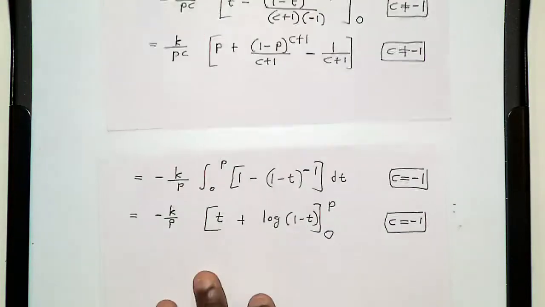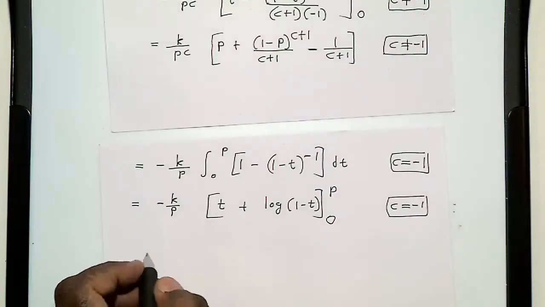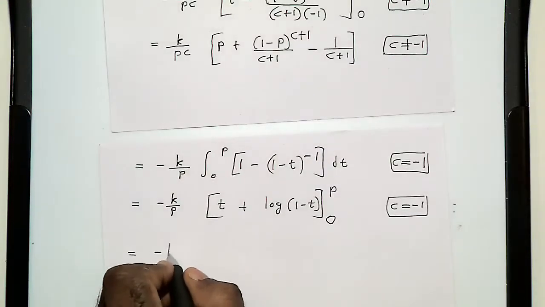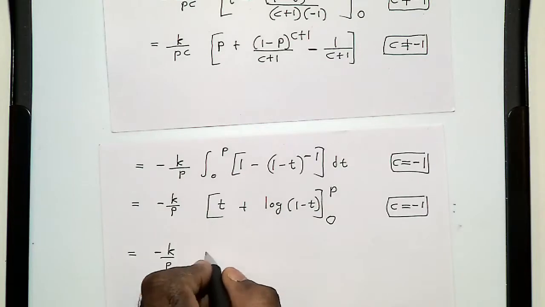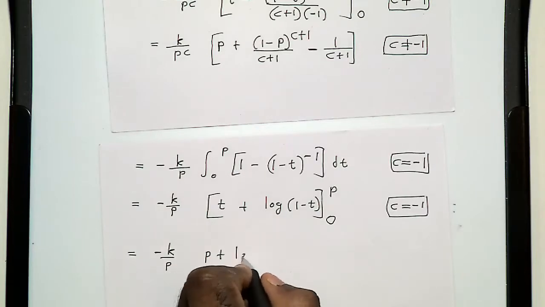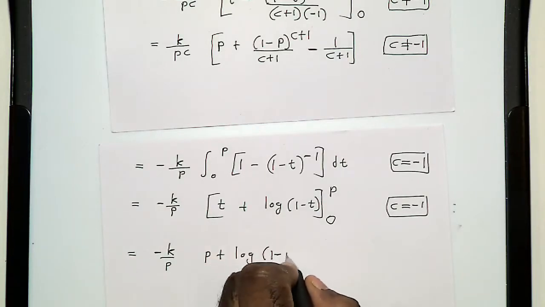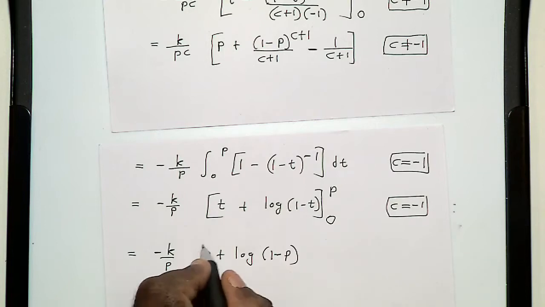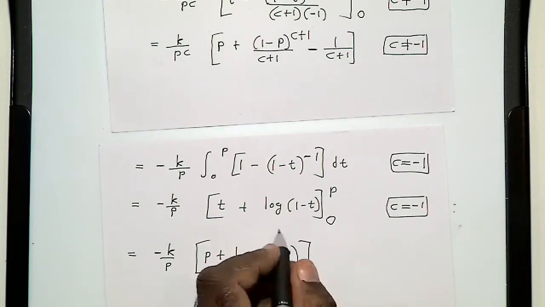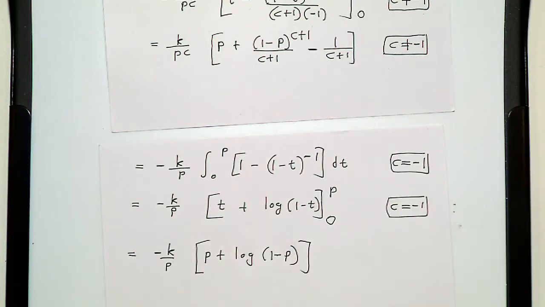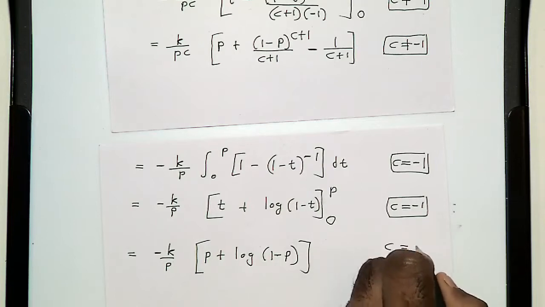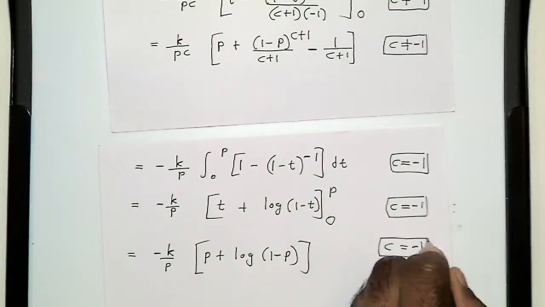And that's it. So this is the answer, because the limit at 0 is 0. So this is if C is equal to minus 1.